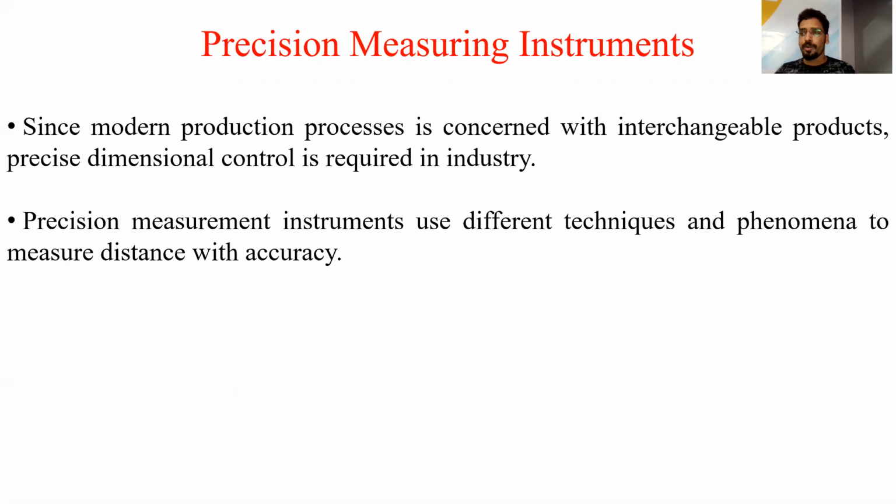For example, we are producing 1,000 of the same object, and each object can be interchanged with the others. For that type of product, we have to use precision measuring instruments. Precision measuring instruments use different techniques and phenomena to measure different distances with accuracy. They have the capability to measure distances or take dimensions with higher accuracy.